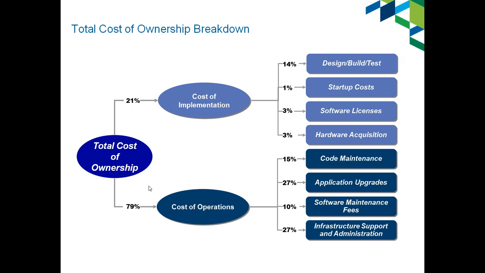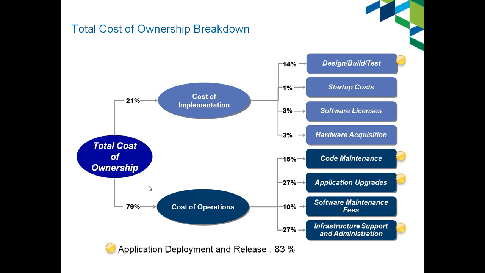But then if we layer onto this the areas really where release automation and deployment can have an impact, then we've stacked up 83% of the total cost of ownership of that particular application.